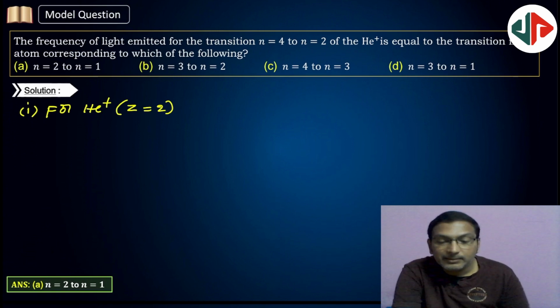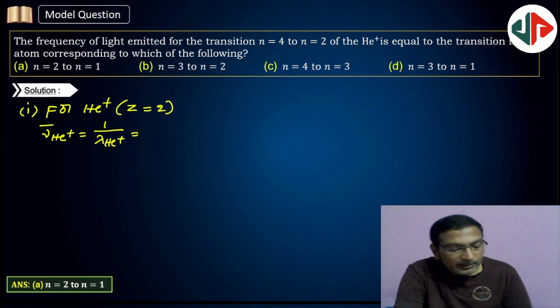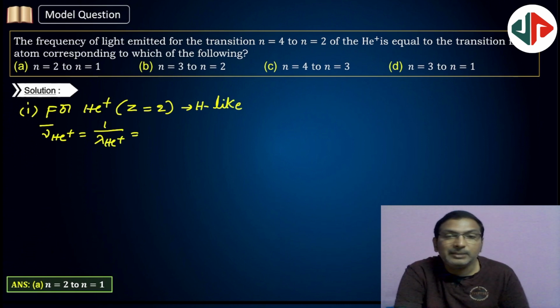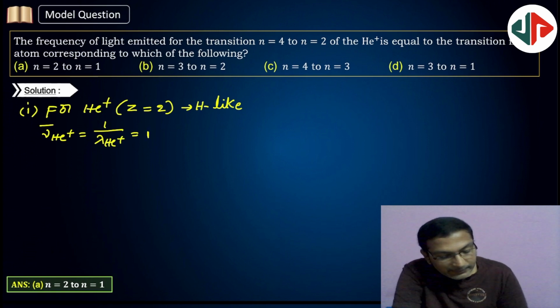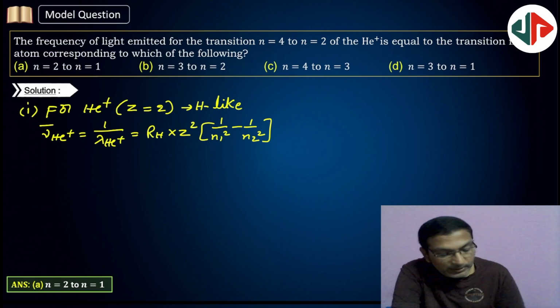Next, nu bar for He plus, which is equal to 1 by lambda of He plus. He plus is a hydrogen-like species. For hydrogen-like species, the Rydberg equation is nu bar He plus equal to 1 by lambda He plus, that is equal to RH into Z square into 1 by n1 square minus 1 by n2 square. This is the Rydberg equation. Substitute these values.